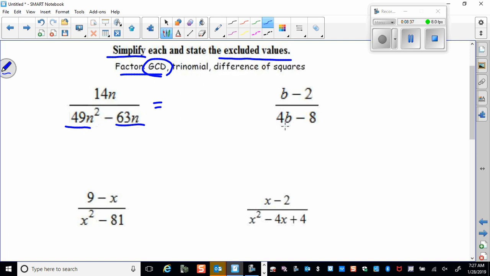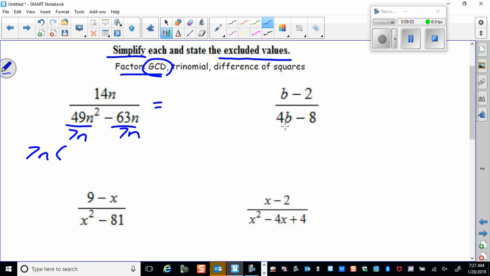If you do math num 9 on your calculator and put in 49 and 63, you'll see that 7 is a factor of both of those. So that's my GCD, so I'll divide. Oh, and actually they both have an n, right? So 7n is my greatest common factor.